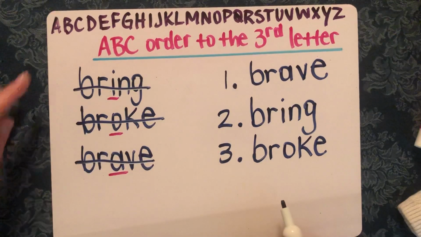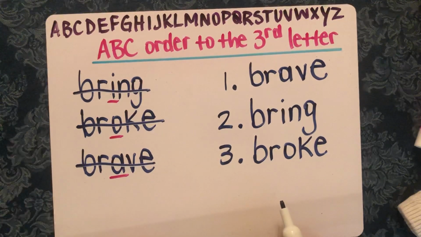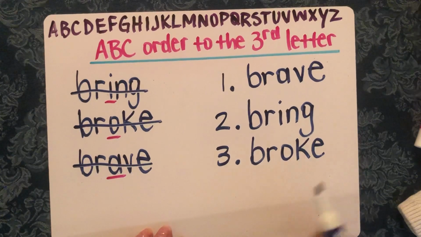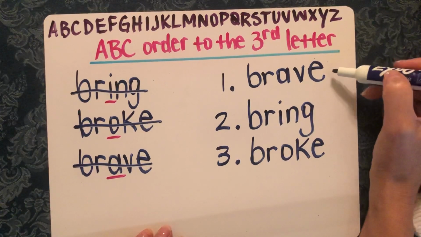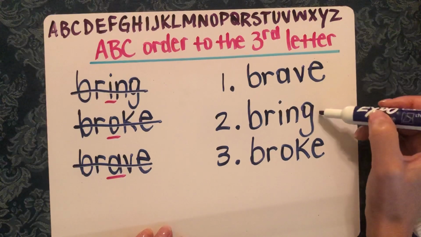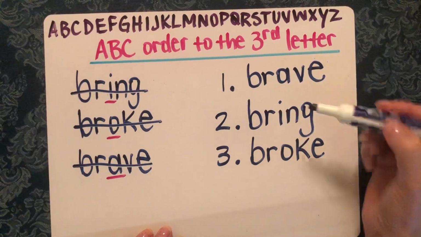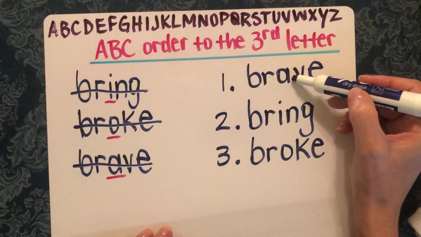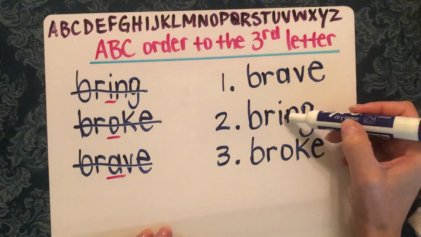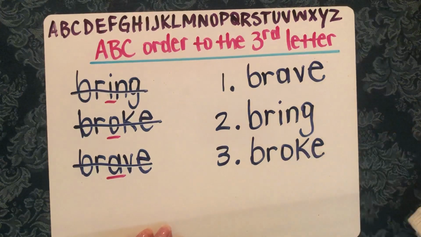So we've written these 3 words in ABC order: brave, bring, and broke, because we looked at the third letter, and A is first in ABC order, and then I, and then O.